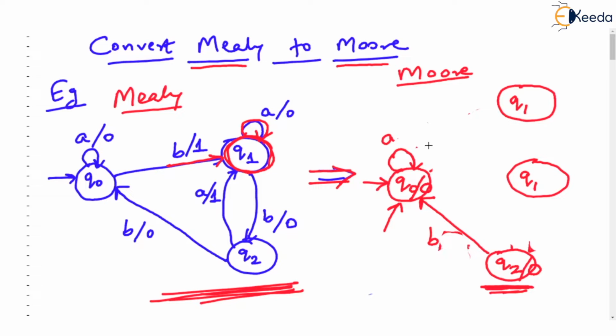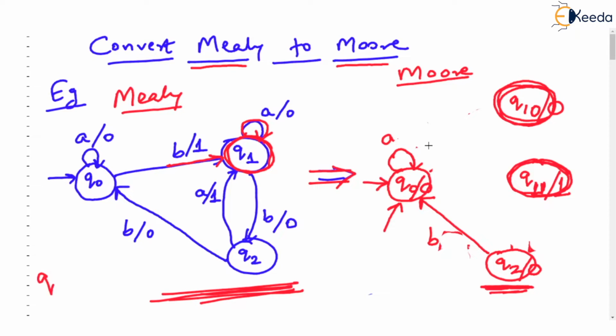So we will use our own nomenclature. We will write this state as Q10 and the other state as Q11. Why is this? Because this state is a Q1 state which outputs 0. And this other state is also a Q1 state, don't forget, but it is such a Q1 state which outputs 1.